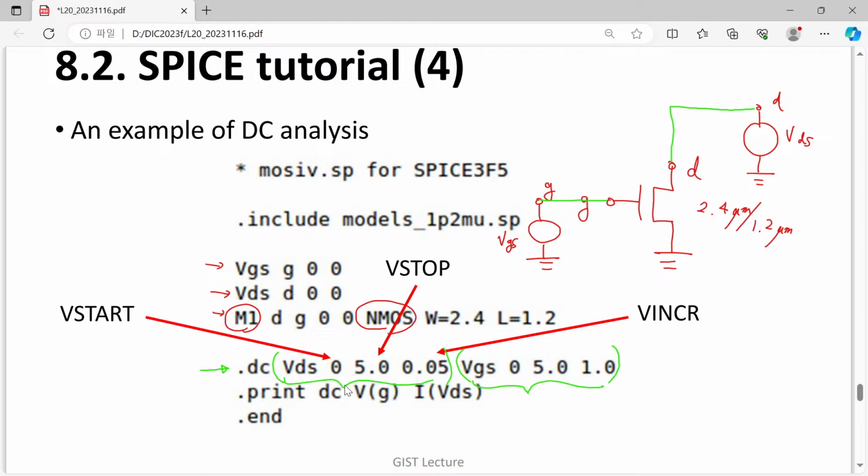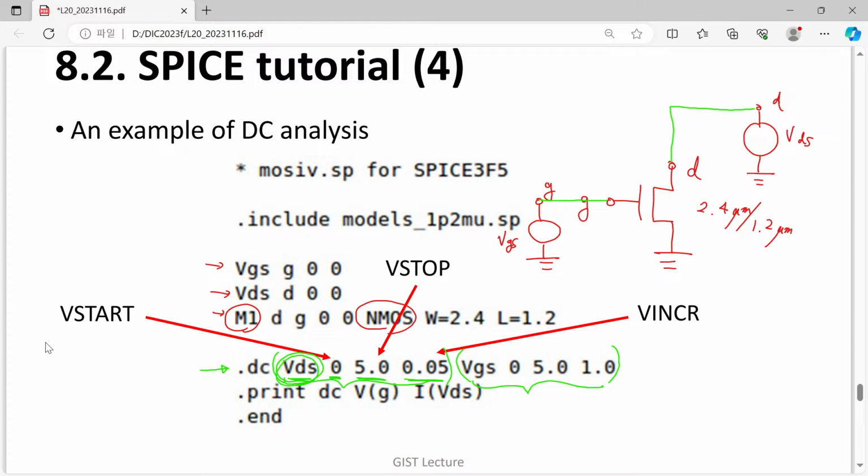In the first specification, we have the voltage source to be swept. Here the drain voltage starts from 0 and ends at 5 volt, and the incremental value will be 0.05.